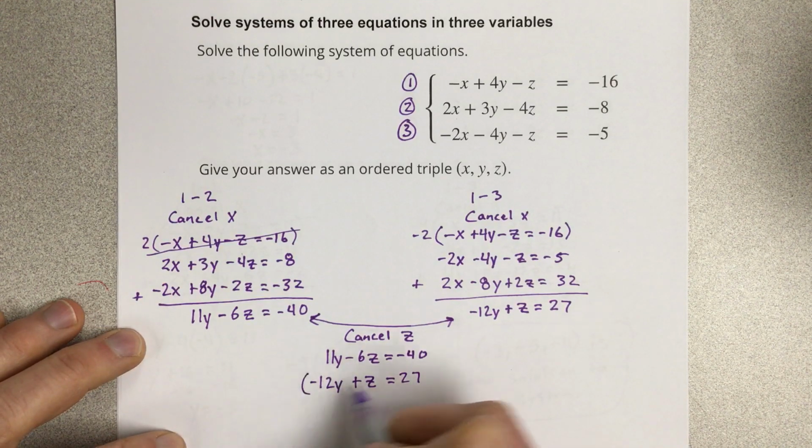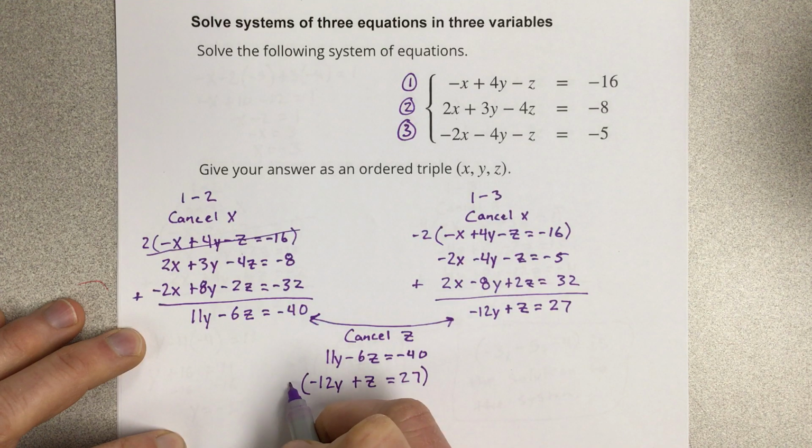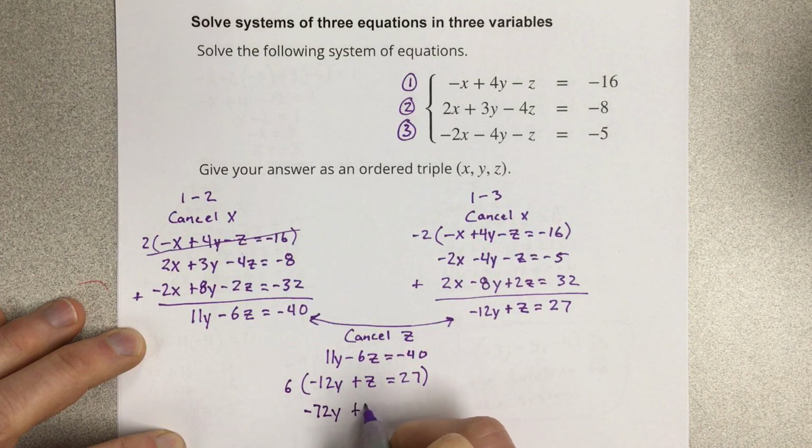I'm going to multiply the bottom equation by 6. So that's negative 72y plus 6z equals 6 times 27, 162.